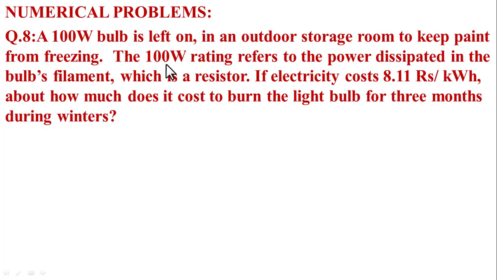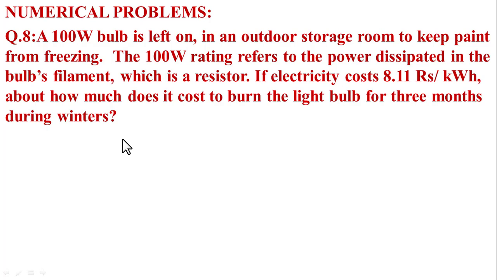The 100 watt rating refers to the power dissipation in the bulb filament, which is the resistor. If the electricity cost is 8.11 Rs per kilowatt hour, about how much does it cost to burn the light bulb for 3 months during the winter?